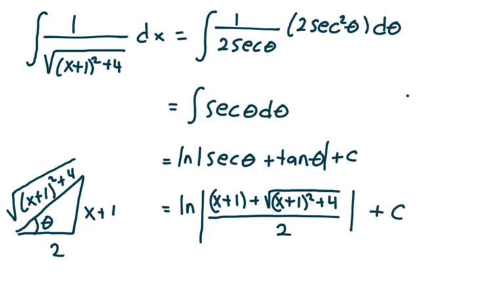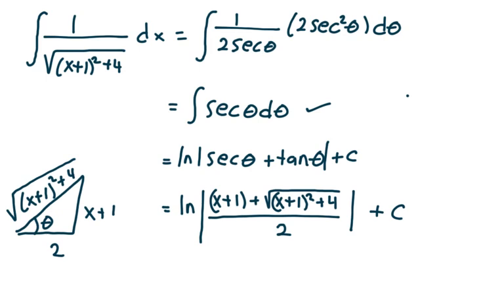So when we look at this integral, we have 1 over the square root of x plus 1 squared plus 4 dx, and it ends up being the integral of secant theta d theta, which is natural log of the absolute value of secant theta plus tangent theta plus c.